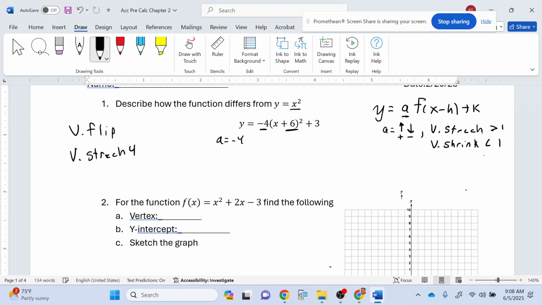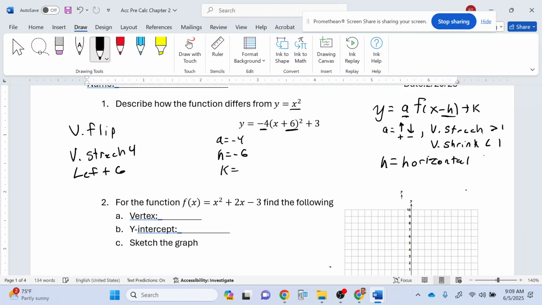This plus 6, that's the h value. H value is horizontal movement, or horizontal shifts. In this case, it's negative h, so in this case, h is -6. You got to remember it's negative, so you flip the h, which means I'll be going left 6 when compared to x squared.